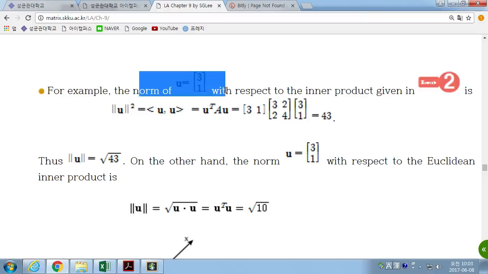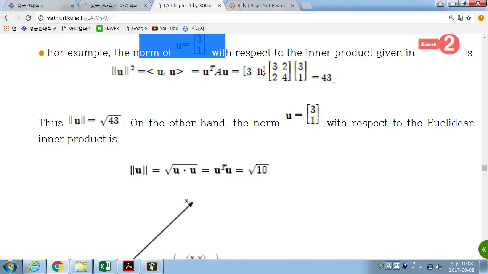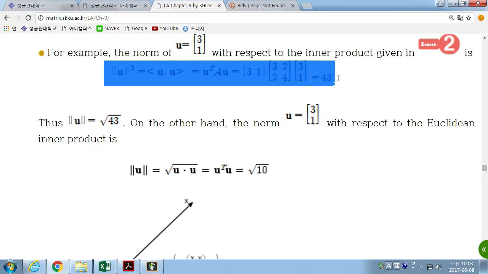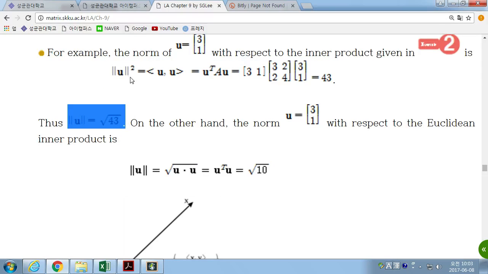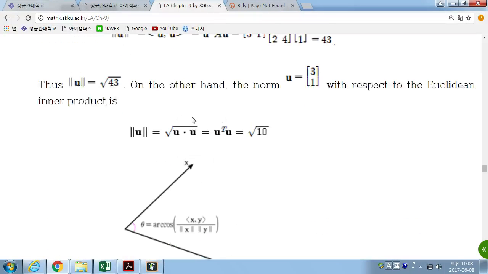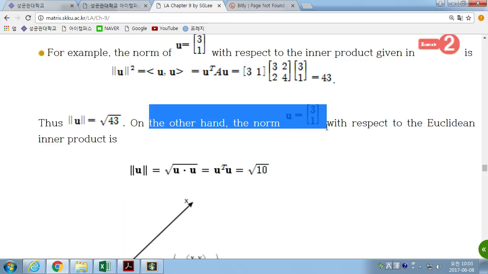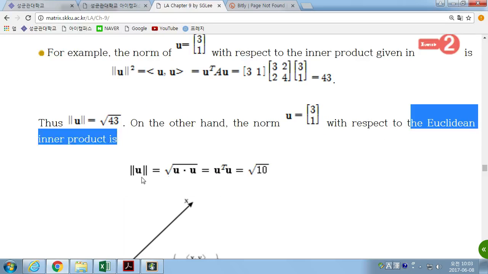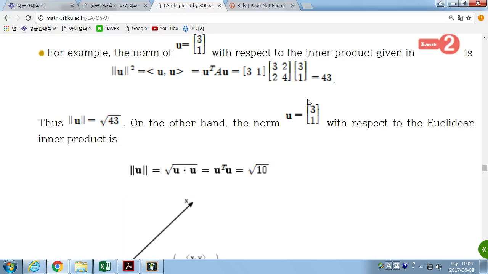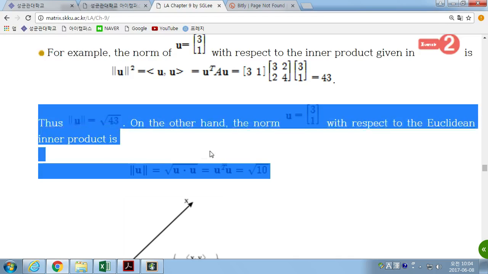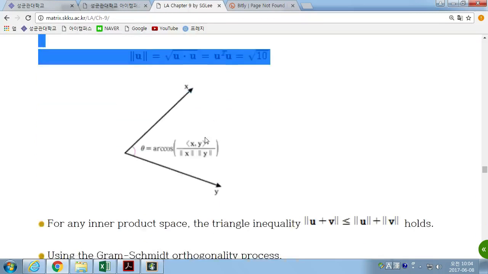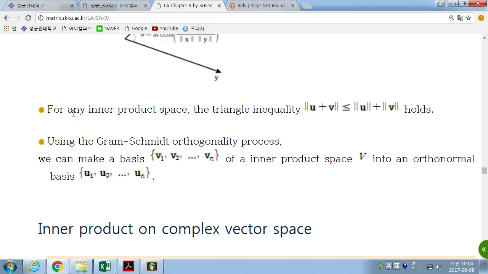For example, for a vector U with respect to this inner product, the norm of U is the square root of 43, but if we use the Euclidean inner product, then the norm is the square root of 10. So if we use a different inner product, then the norms and angles could be different, like you see here. And for any inner product space, the triangle inequality holds.